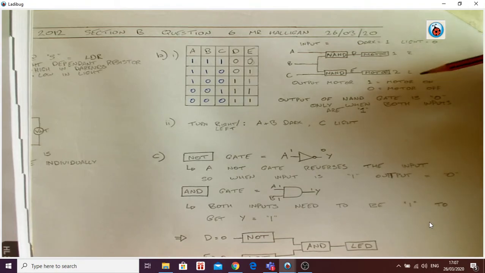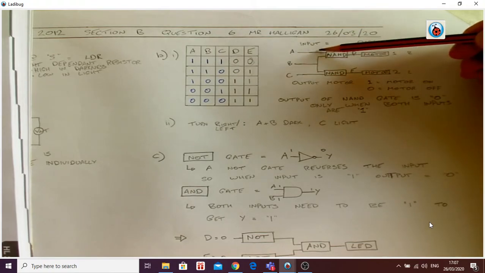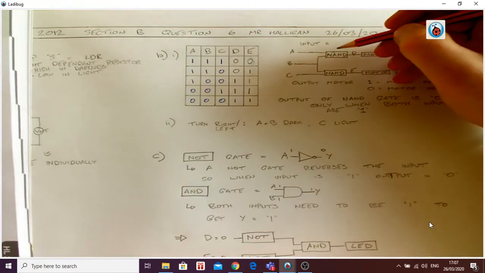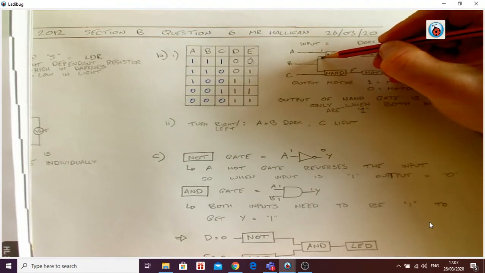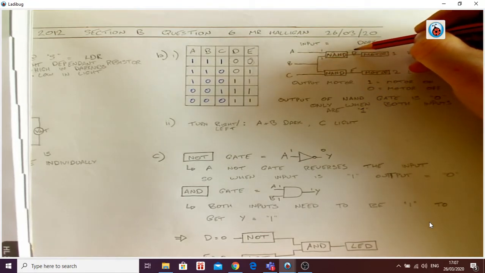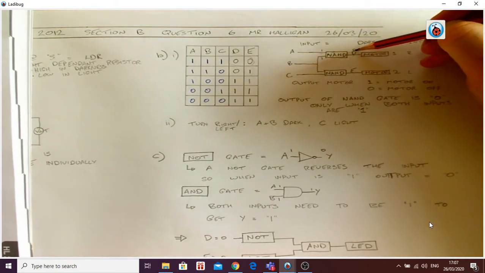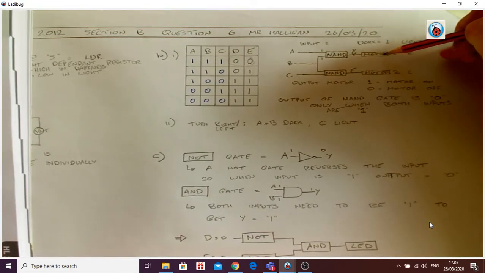These are the inputs over here, A, B, C. When both of these inputs are 1, you get a 0 over here at D. So for example, we'll go through the first one here. If A is 1 and B is 1, then D is 0. And if D is 0, then the motor doesn't turn on. Hopefully that makes sense.